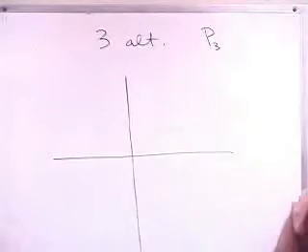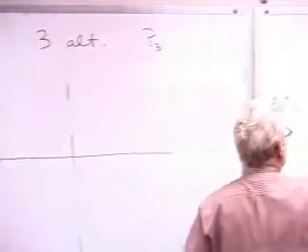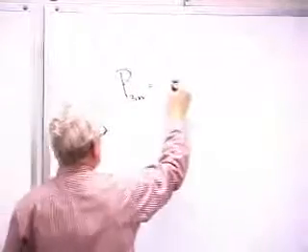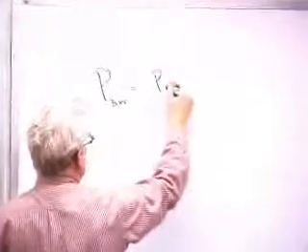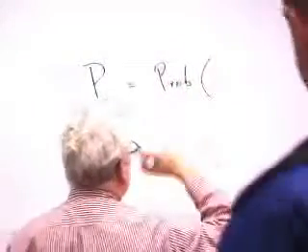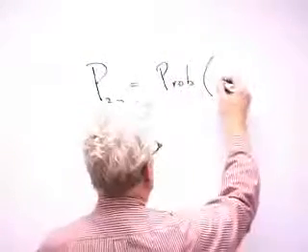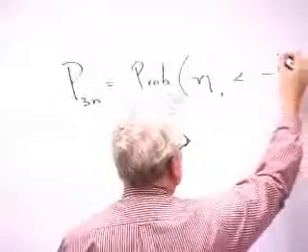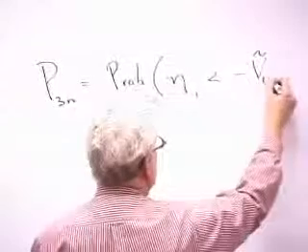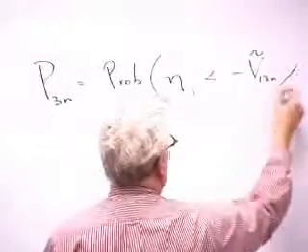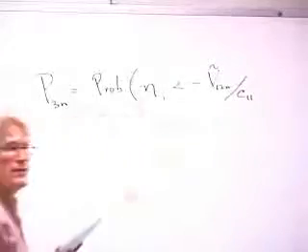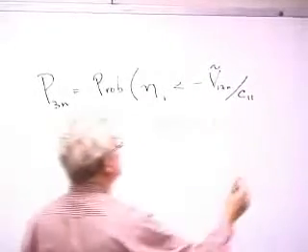So the probability of alternative 3 for person n is the probability that the first error term is less than the error difference of the first relative to the third divided by the top left element of the Cholesky factor. Okay, this is just what we had last time.